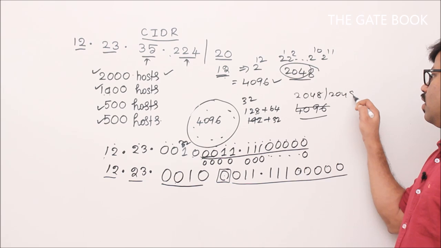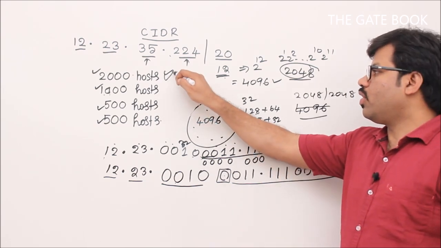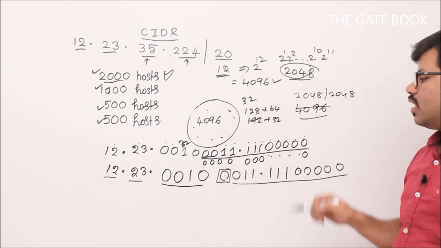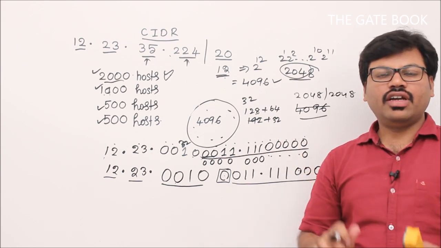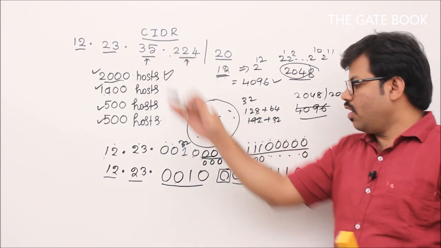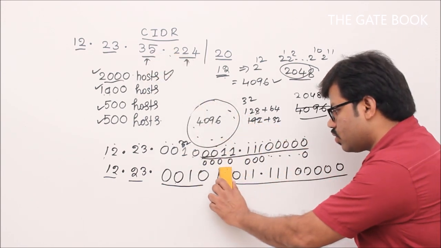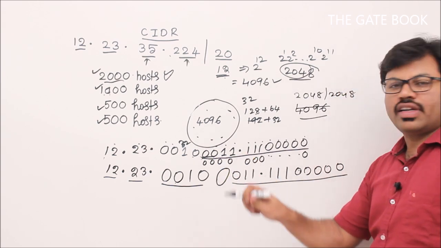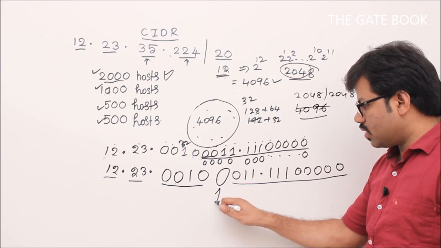I will tell you the reason. Because now I got a requirement to create a subnet of 2000. So the nearest power of 2 is 2048. That's why initially I divide 2048, 2048 and I give 1 to 1 network. For that simply this bit I use. If it is 0, that is one case. If this is 1, another case.